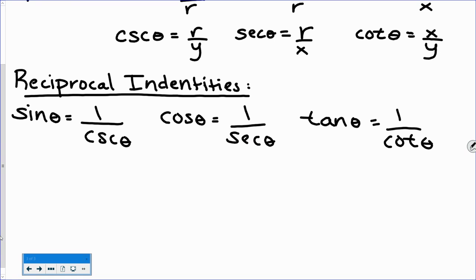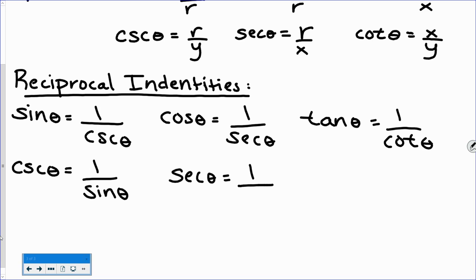And then we can do the same thing with the reciprocal functions. So cosecant of theta, we can write as 1 over sine of theta. Means the same thing. Secant of theta, we'd write as 1 over cosine of theta.